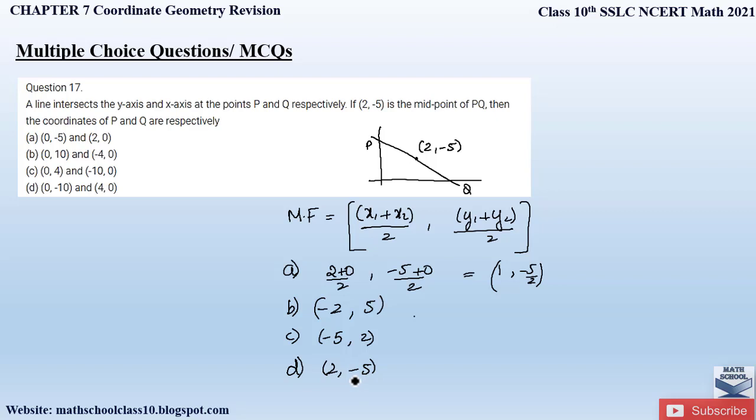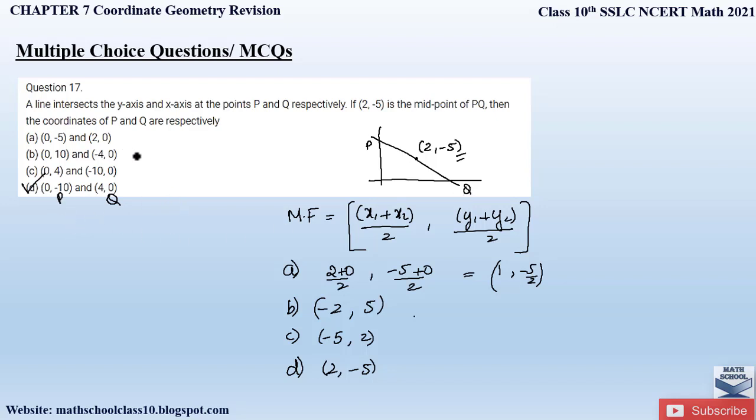So here option D, (2, -5), is the midpoint of the line PQ. Therefore our correct option is option D, where (0, -10) is point P and (4, 0) will be our point Q, which intersect the y-axis and x-axis respectively. Our correct option is option D.